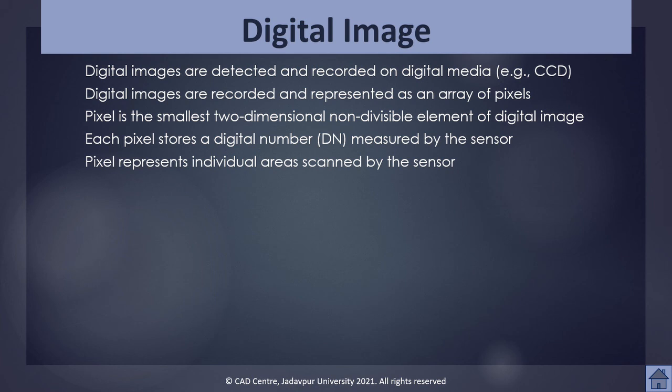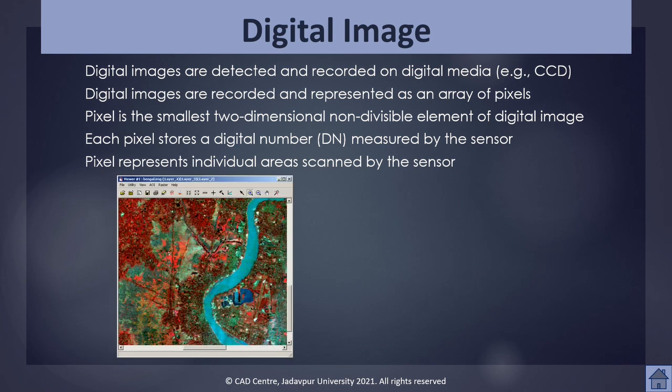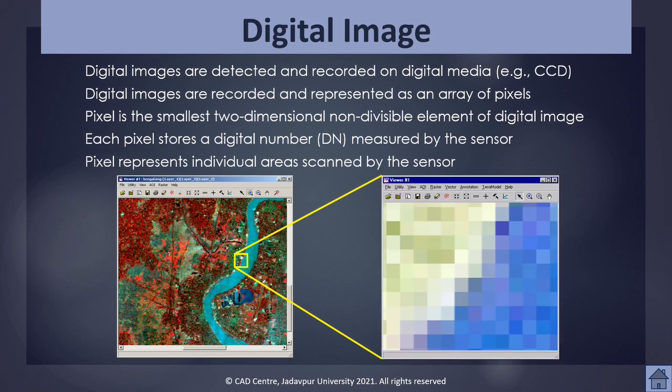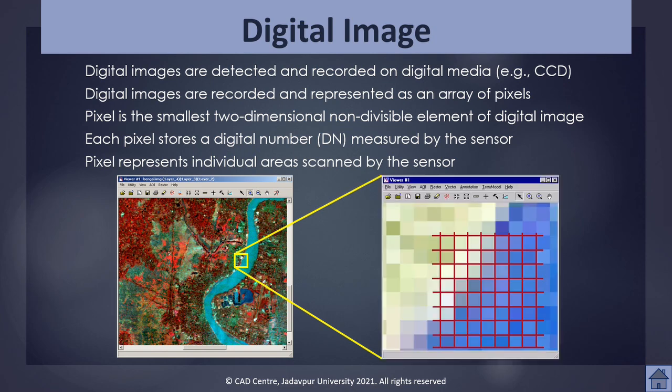That means a pixel will represent a specific geographic area, and the specific geographic area, in other words, will be represented by a pixel. For example, if we look at this image and zoom into a small portion of it, it will look like this, and as you can see, this is basically an array of pixels or a two-dimensional matrix of pixels, and for each and every pixel we have a value.